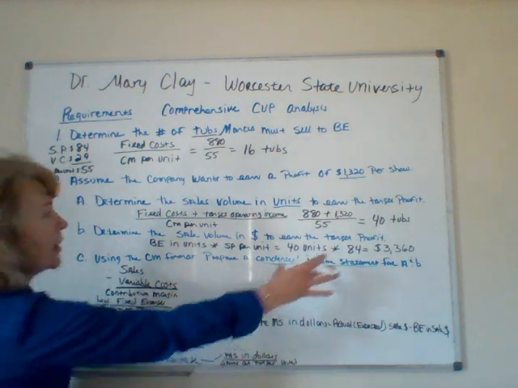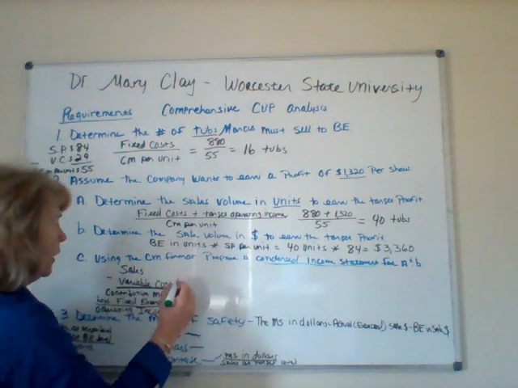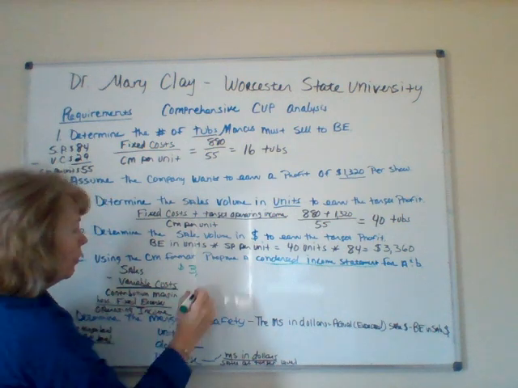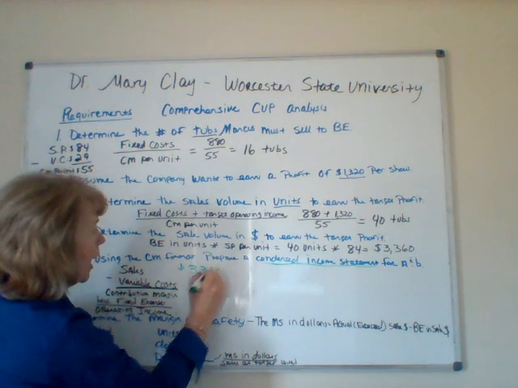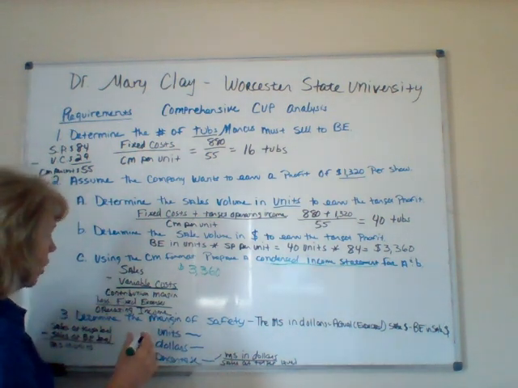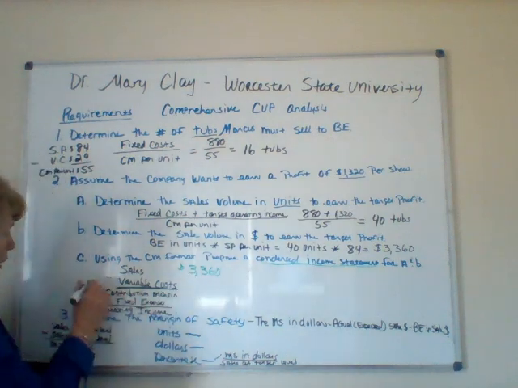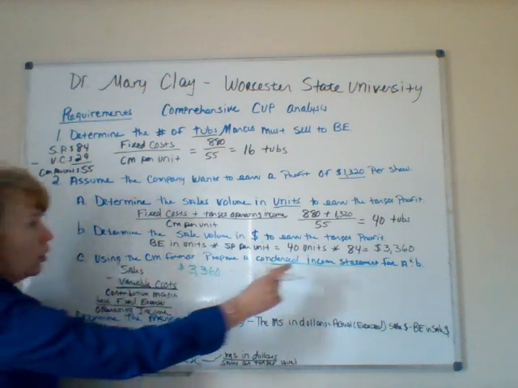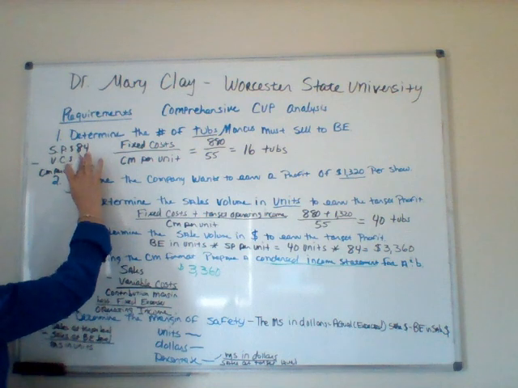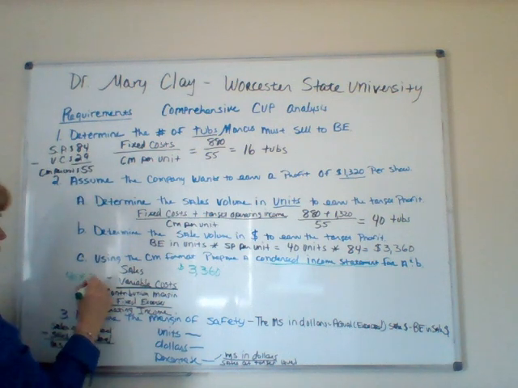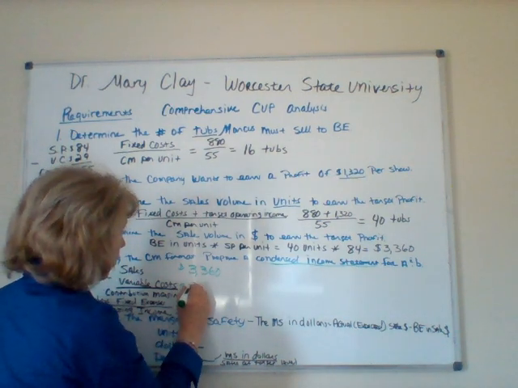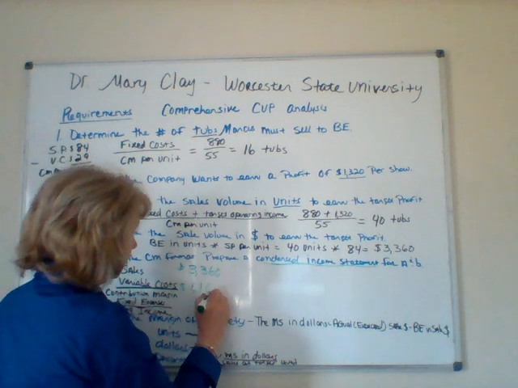Okay, so what are the sales dollars at the target level? We figured that over here. So that is a dollar figure, 3,360. Remember in the lab, put your commas in, minus the variable costs. The variable costs are, we had to sell 40 tubs. So we're going to go back in, what was our variable cost per unit? That is $29. So our variable costs are, again, a dollar figure, 1,160.